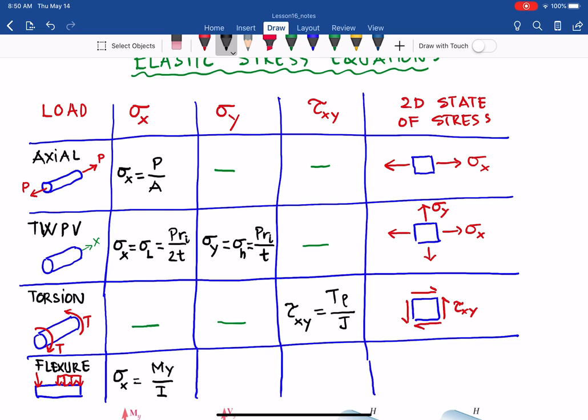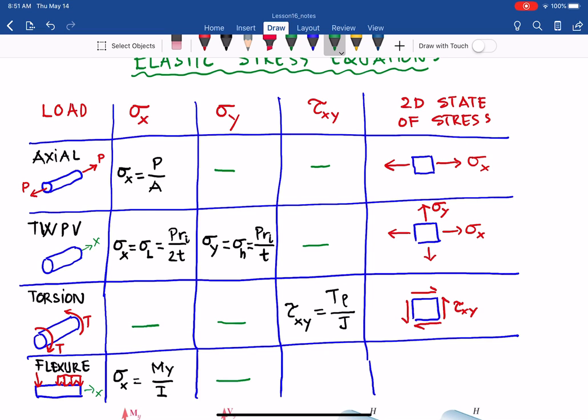So in this case, we don't have normal stress about the y-axis. When we say x, the x-axis is here, the normal stress is along the longitudinal axis of the beam.